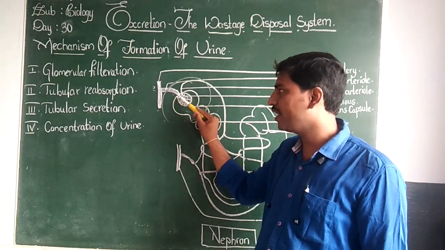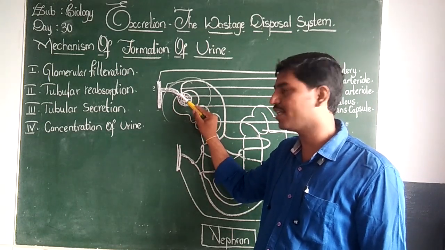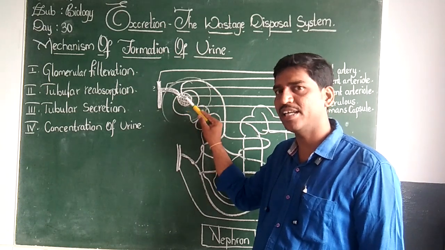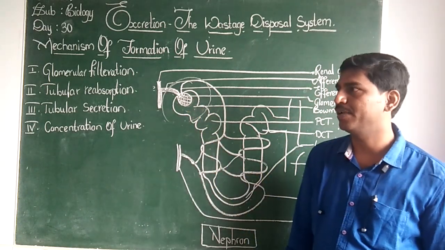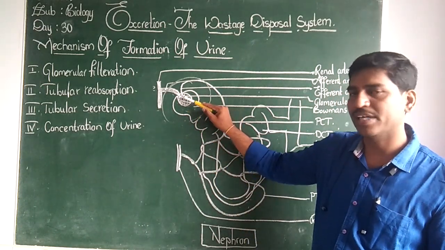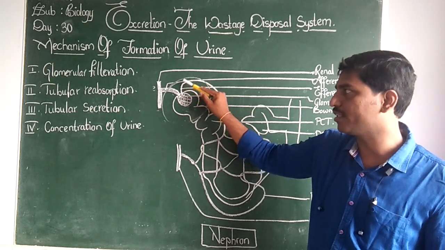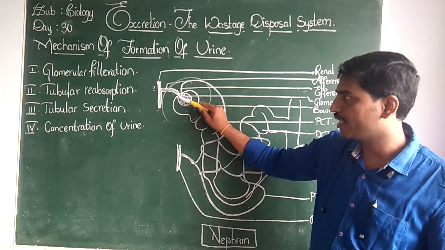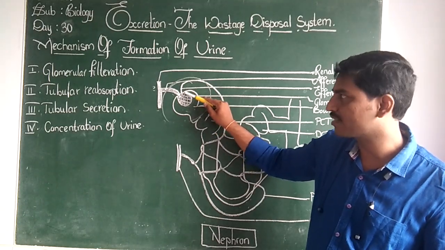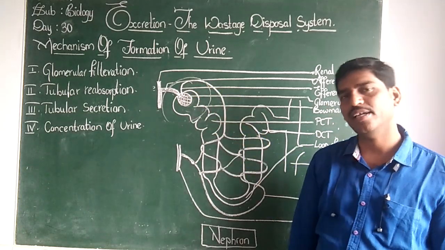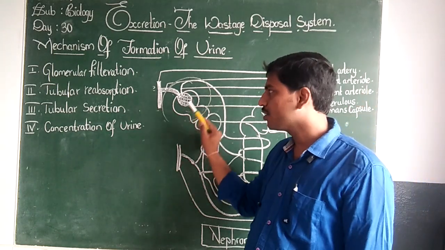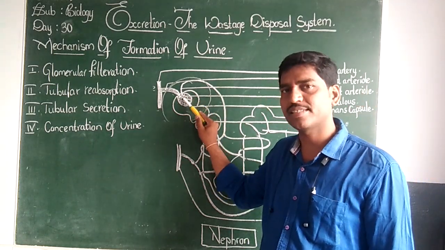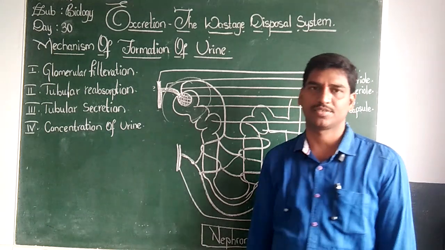Here the afferent arteriole divides into a group of capillary networks, and this capillary network joins together to form the efferent arteriole. That means the blood from this glomerulus comes out through the efferent arteriole. The main filtration process takes place in this glomerulus.